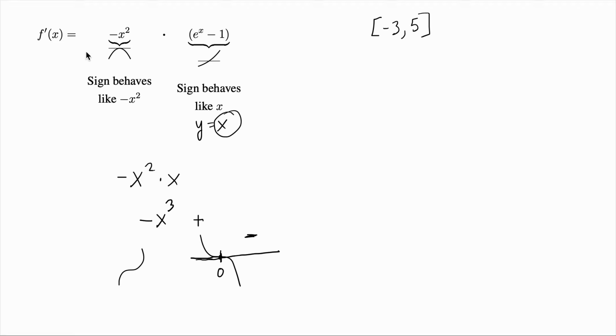So the original function, f of x, is going to be going uphill to the left of 0 and downhill to the right of 0. So it's going to peak out right there at 0, and we'd end up having a maximum.